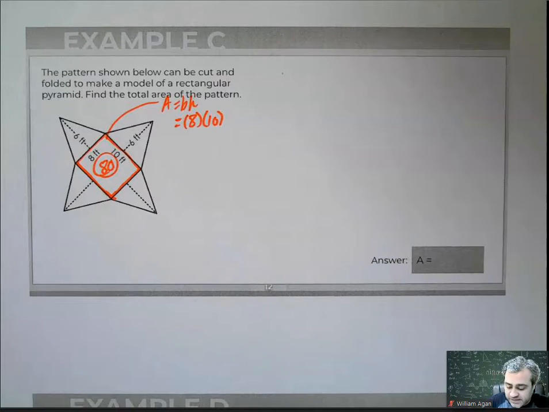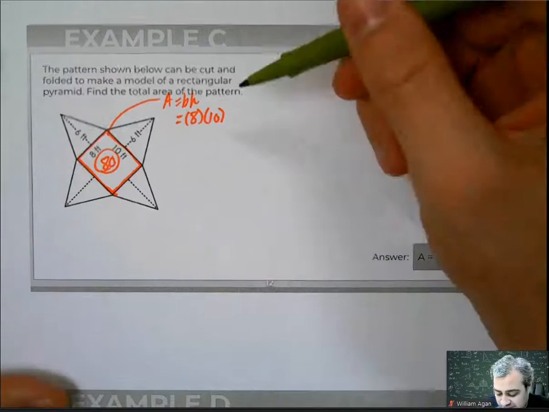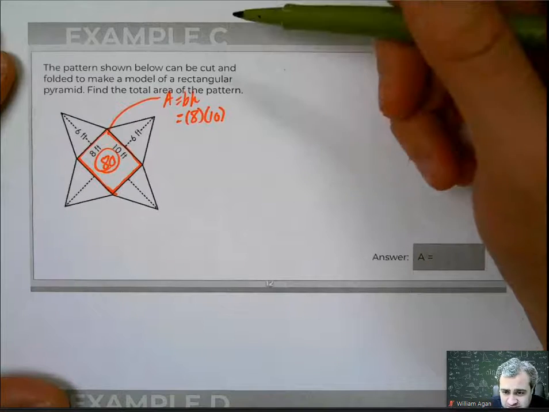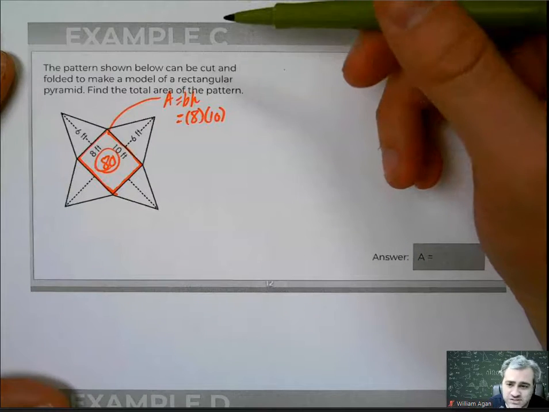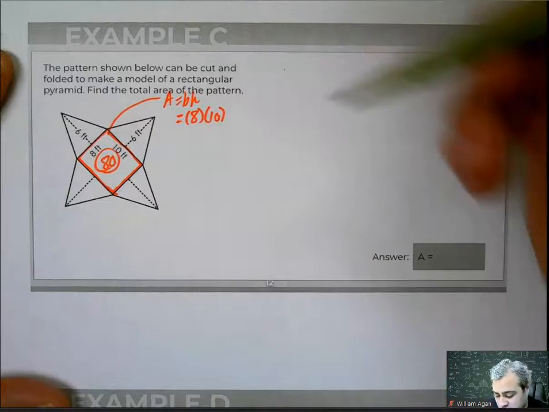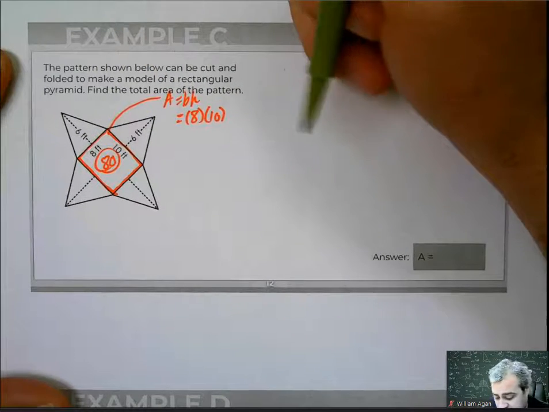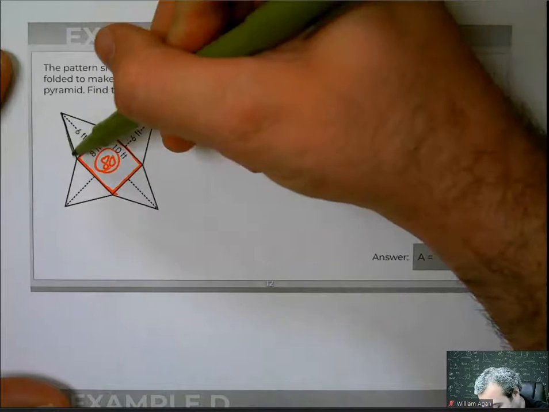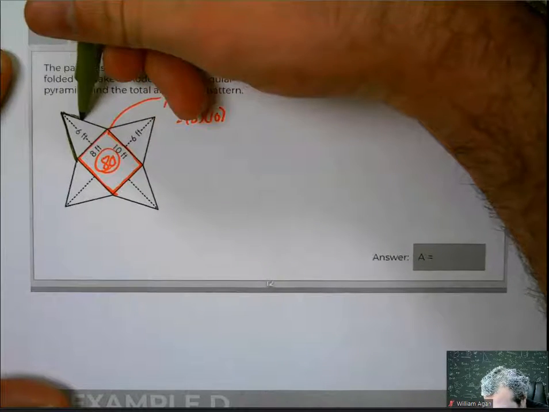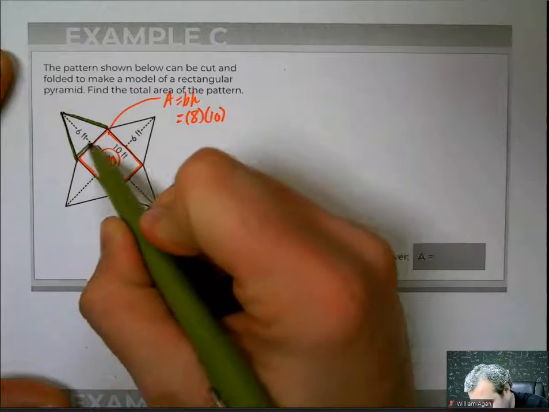Okay. Now, with a rectangular pyramid, the thing is you're going to have some matching sides. So if you folded this all up, this triangle and this triangle are going to match. They're going to be exactly the same. So I'm going to outline them in the same color.